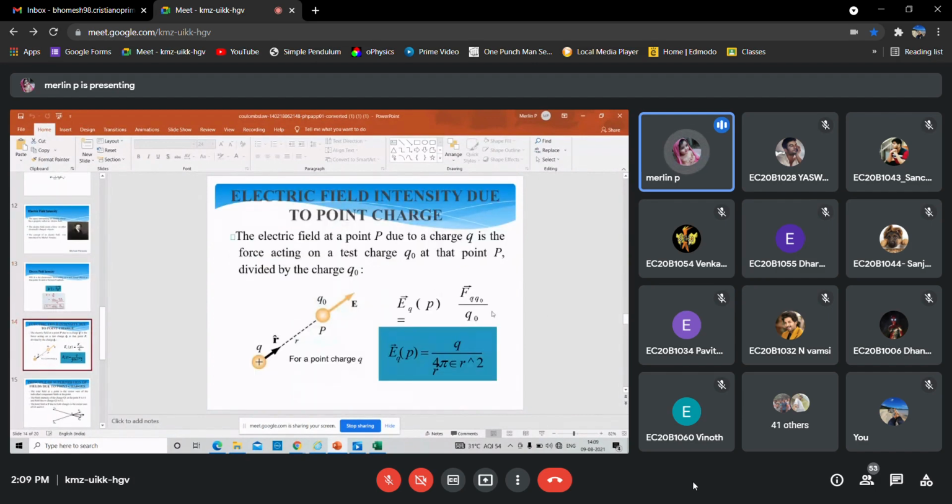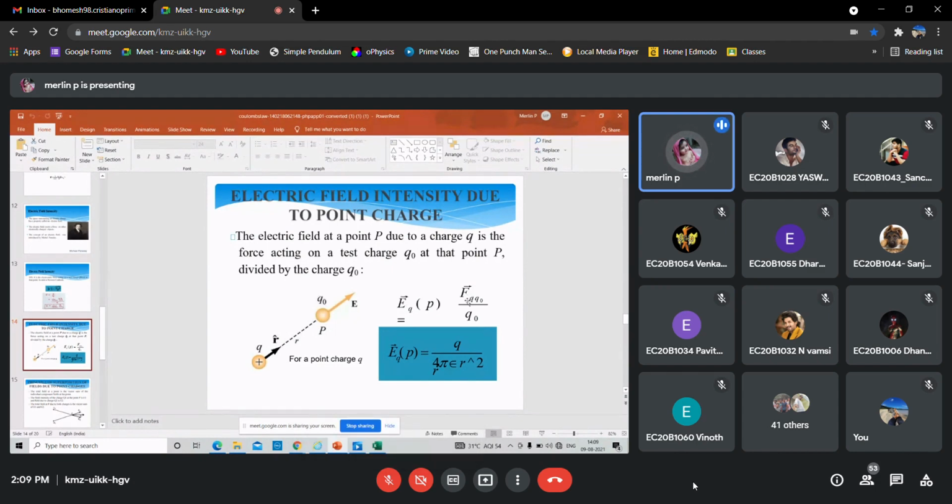So what I have told is given here. Electric field intensity due to a point charge. Suppose two charges are placed, Q and Q0. The force is from Q to Q0. Suppose we have to find the electric field at a point: one charge Q is placed at one point and Q0 is placed at another point P. If we need to find the electric field intensity at the point P, this is the formula.